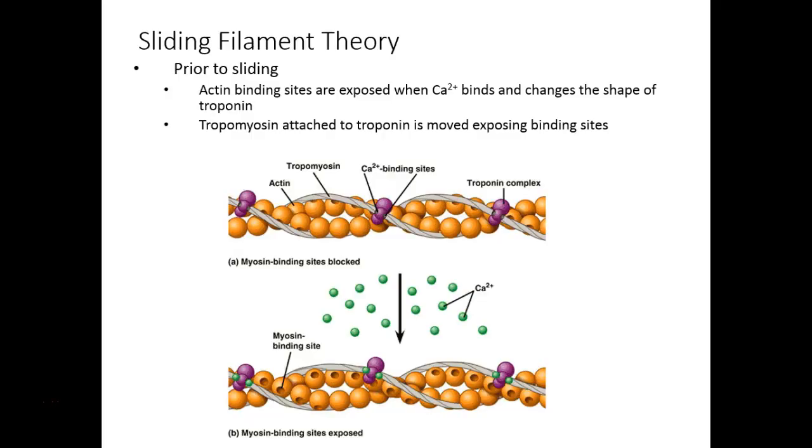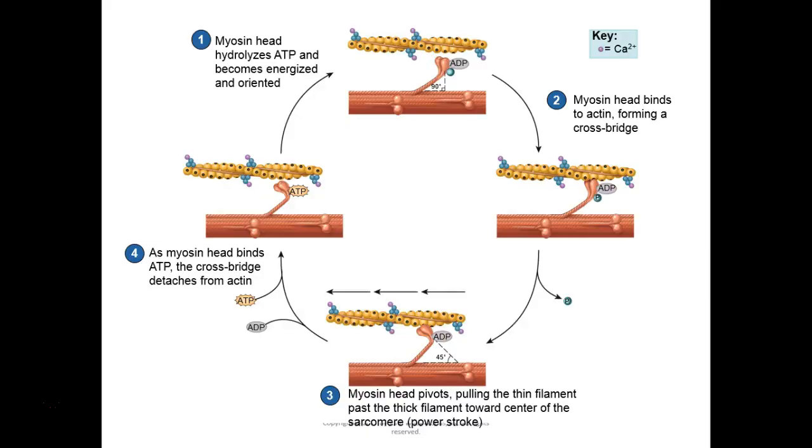That takes us into the sliding filament theory, which is what happens once those myosin heads bind to the actin. Myosin heads include an ATP binding site that functions as an enzyme that breaks down ATP to ADP, adenosine diphosphate, and a phosphate group.